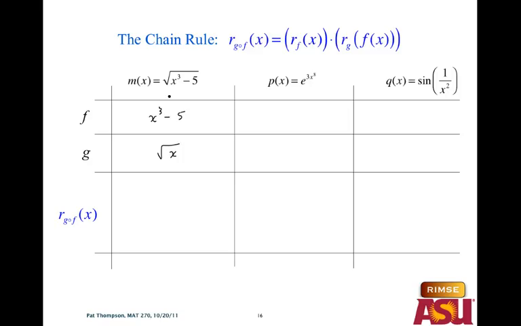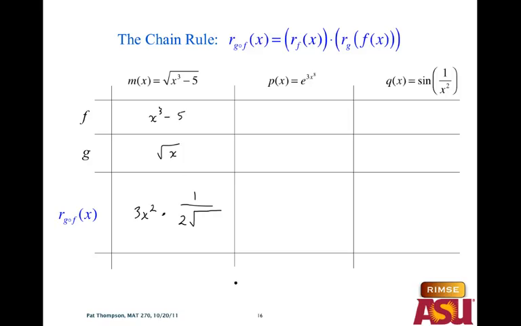First, if x changes a little bit, then f changes how many times as much as that change in x? 3x squared. And then if f changes by 3x squared, how much does g change by? What multiplier? It's going to be 1 over 2 times.